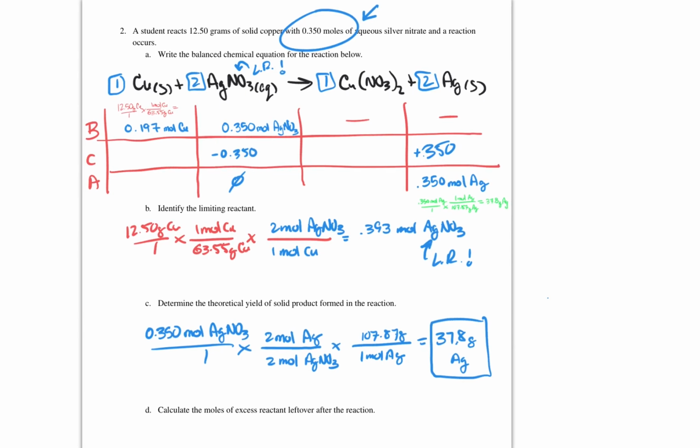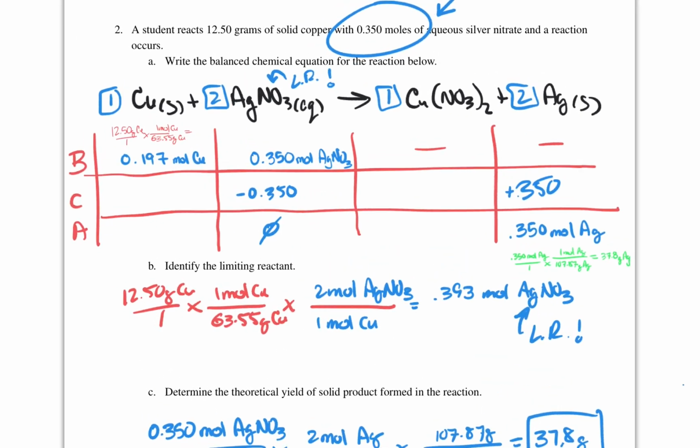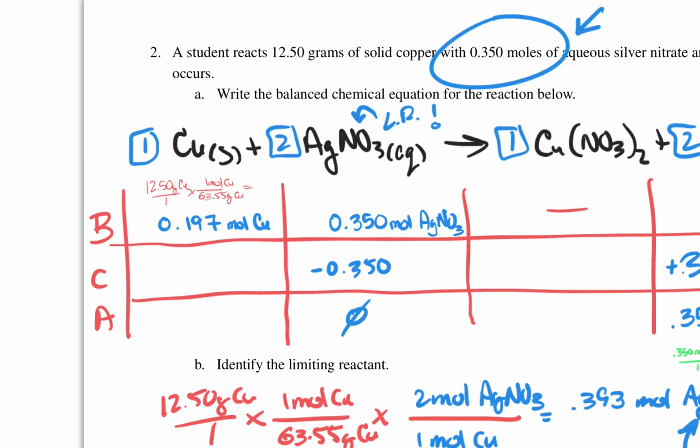And lastly, we need to calculate the moles of excess reactant left over after the reaction. Well, if we're using the BCA table method, we know that it's 2 moles of silver nitrate for every 1 mole of copper used in the reaction. So basically we use half the amount of copper as we're going to use for our silver nitrate.